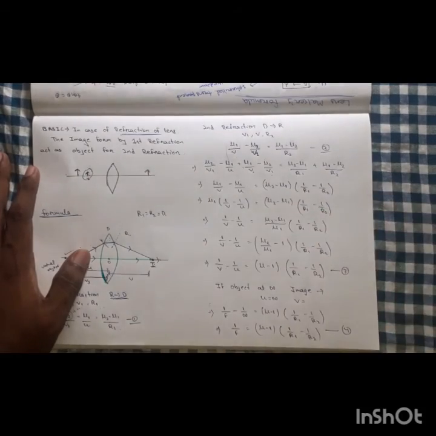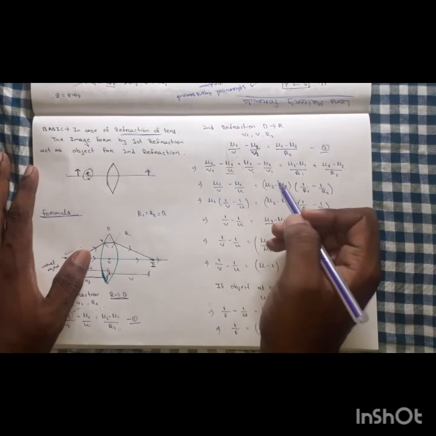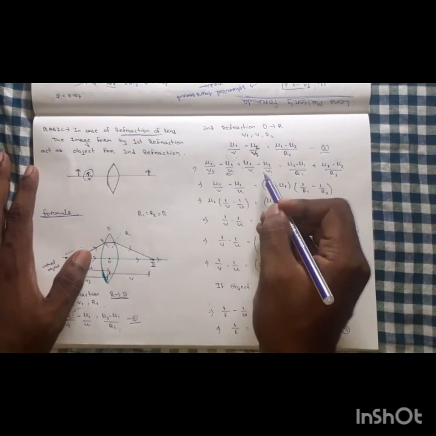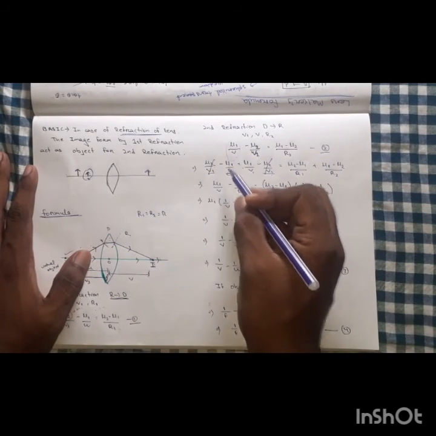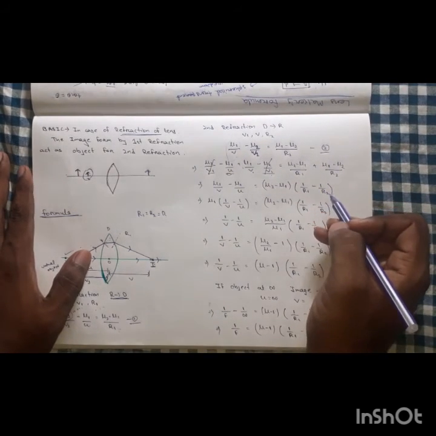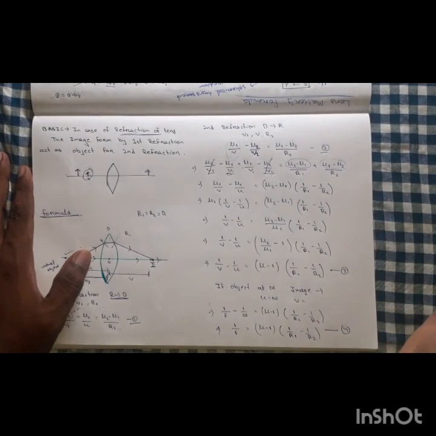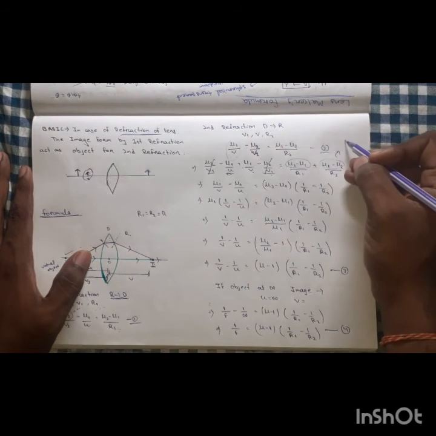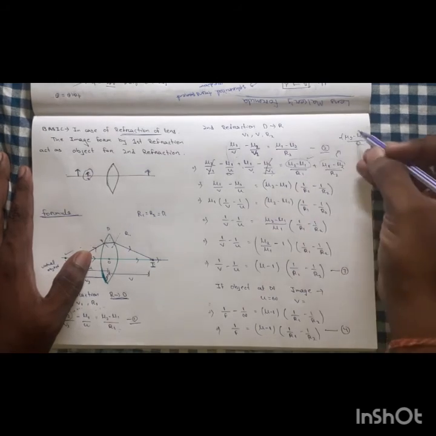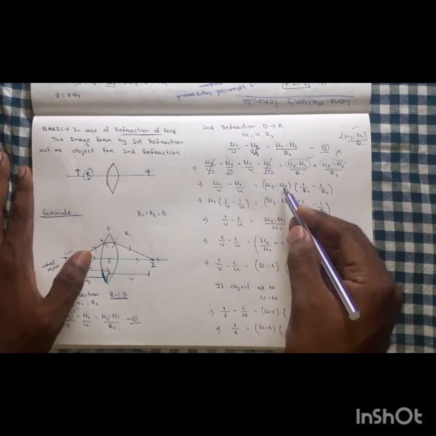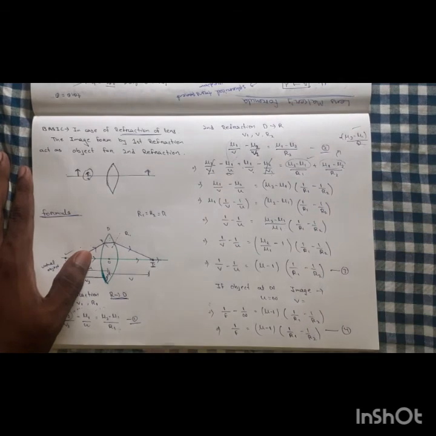Okay, then listen, this will be the same, so I can cancel it. mu1 by v minus mu1 by u. Here, if I take common, minus of mu2 minus mu1 by r, yes or no, then it will be common. If I take common mu2 minus mu1, then 1 by r1 minus 1 by r2.